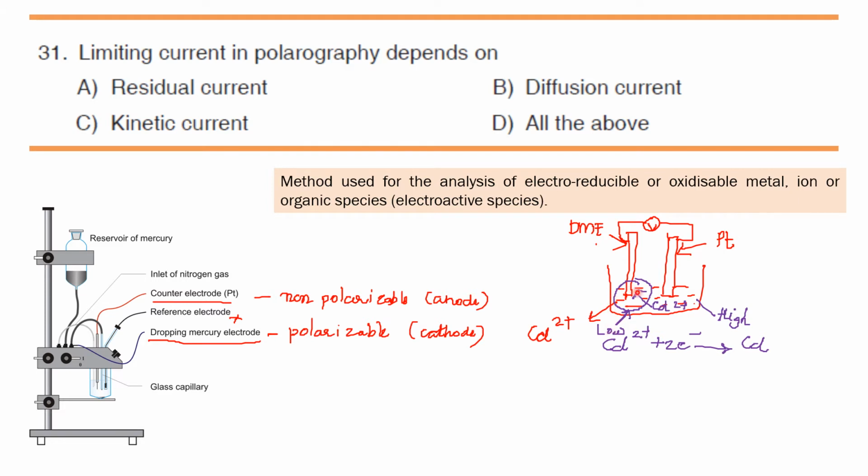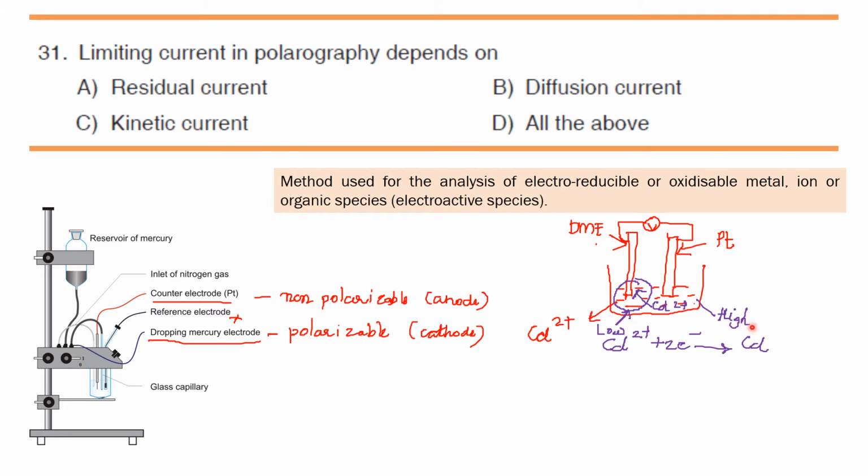Because in the region near the dropping mercury electrode, cadmium ion is getting reduced to cadmium atom, so here you can see only cadmium atom, not cadmium ion. But on the other part of the solution, there is a higher concentration of cadmium 2+, because the non-polarizable electrode is not able to reduce this electroactive species.